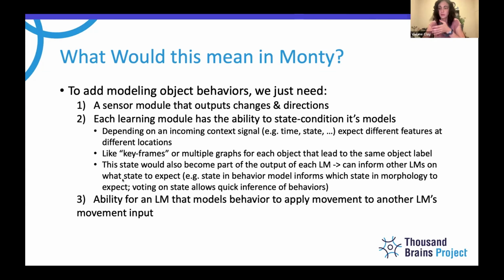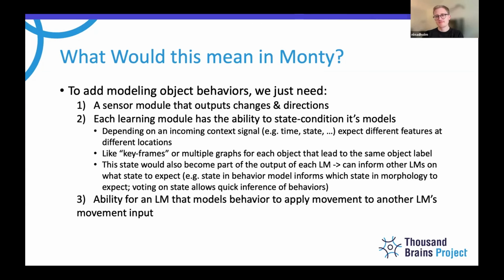Generally a useful thing that we will need either way. Both of those should give us really interesting results and capabilities on their own, even without being able to apply a behavior to a morphology yet. So, yeah, that sounds good.